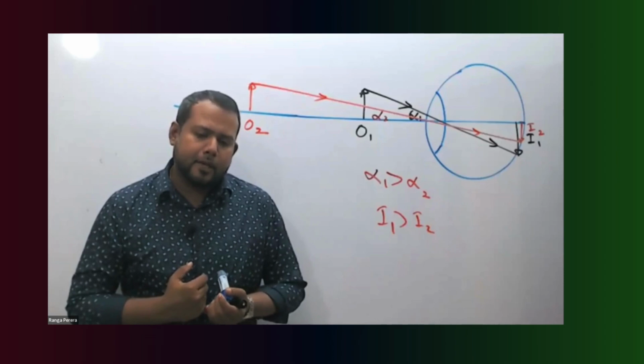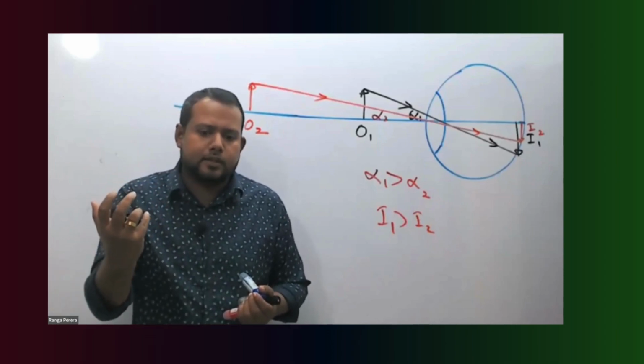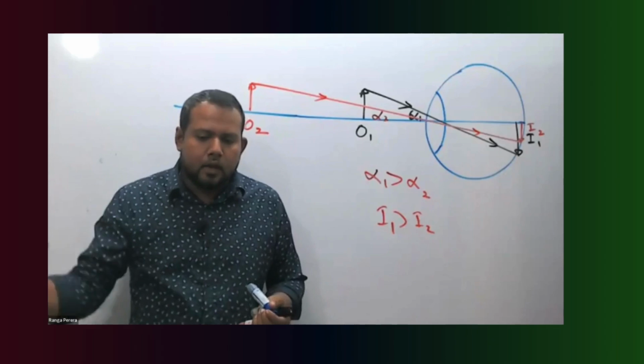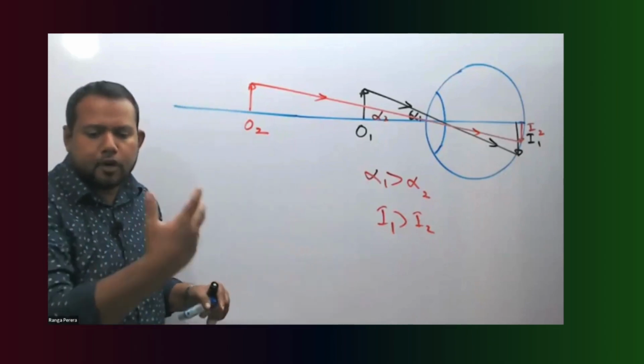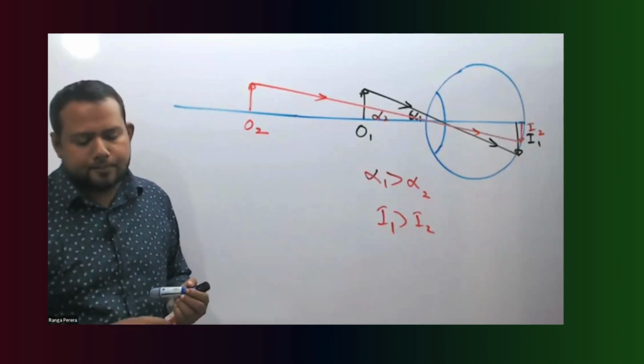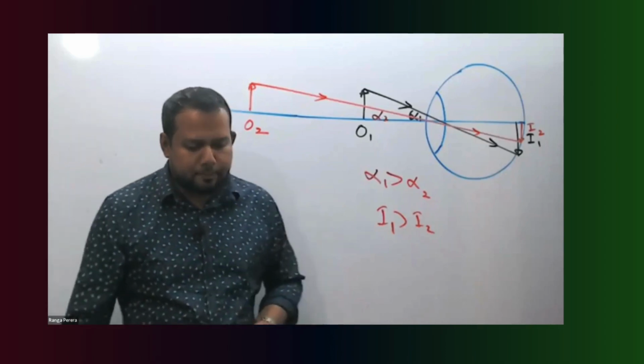You feel that this object is a different size when it is very far away from your eye. The same object, but different visual angles develop different image sizes on your eye. Okay, let's move on.